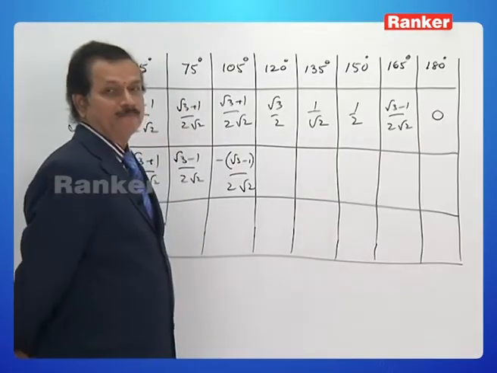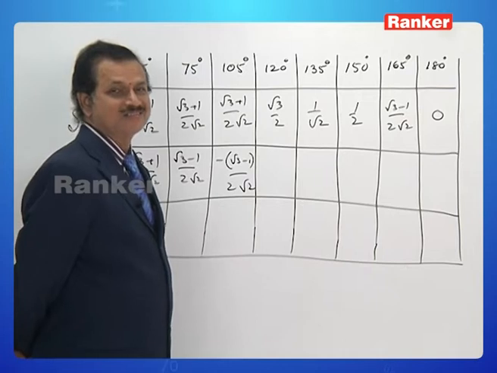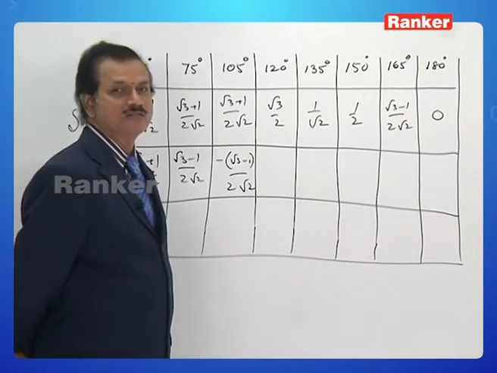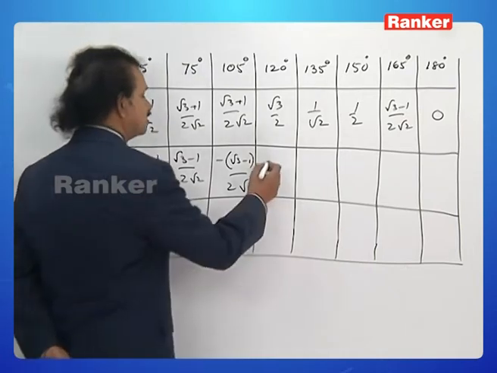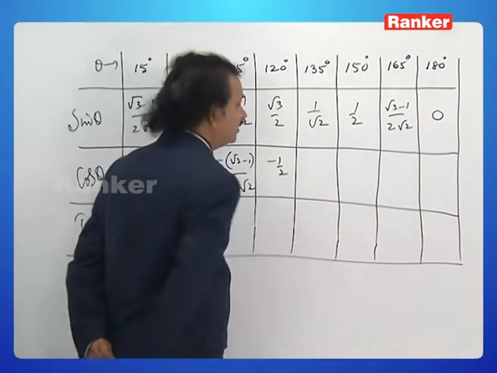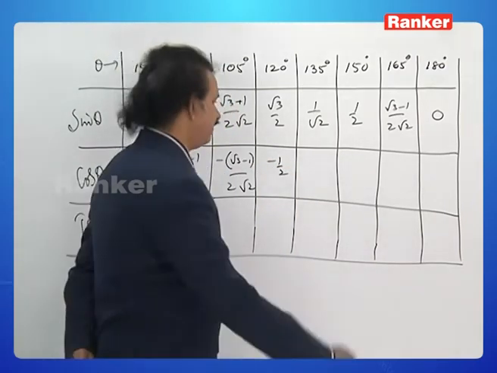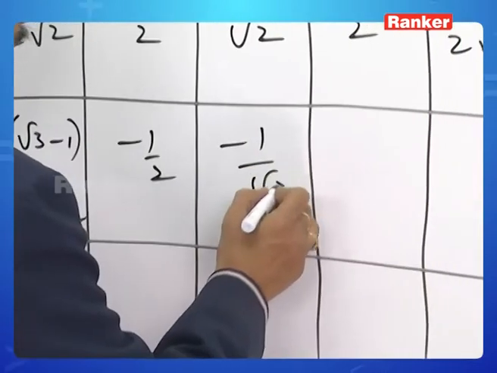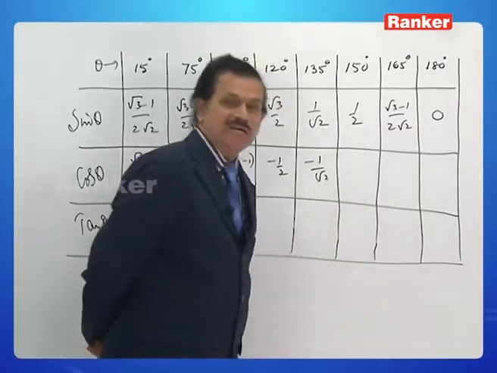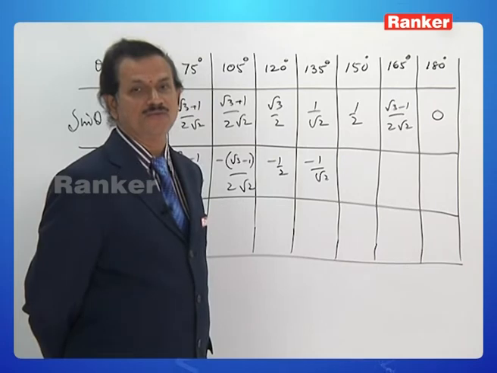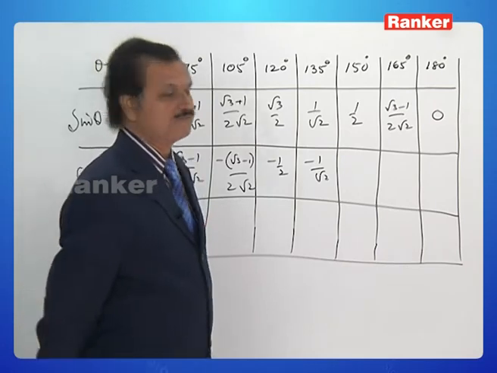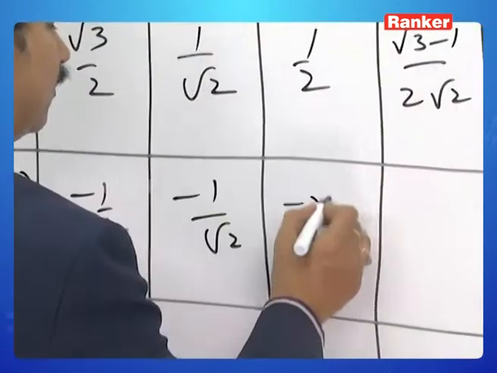Cos 120 is nothing but minus cos 60. Why? 120 and 60 are supplementary. Minus cos 60 is minus 1 by 2. Cos 135 is minus cos 45. That is minus 1 by root 2. Cos 150 is minus cos 30 with the same logic, because 150 degrees and 30 degrees are supplementary. Hence, it is minus root 3 by 2.